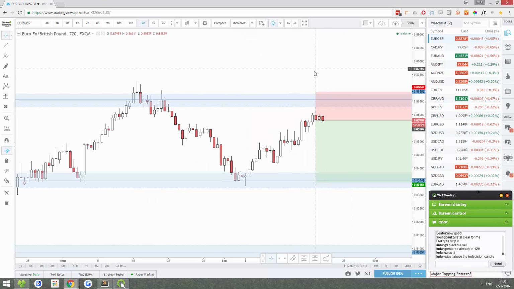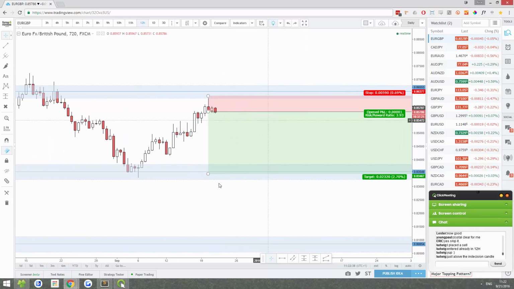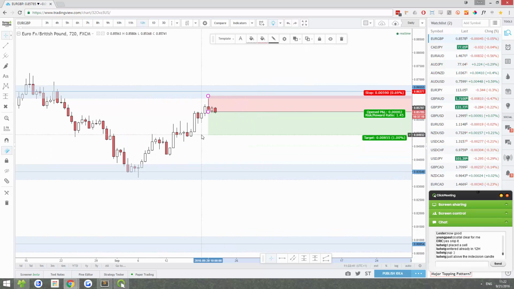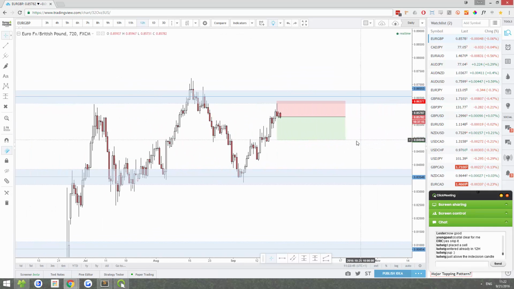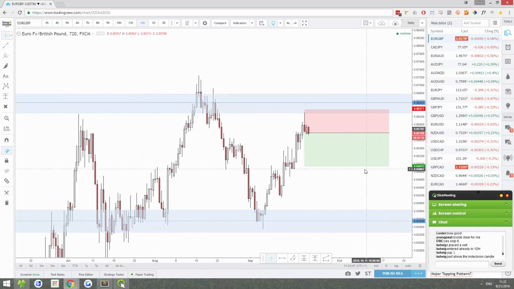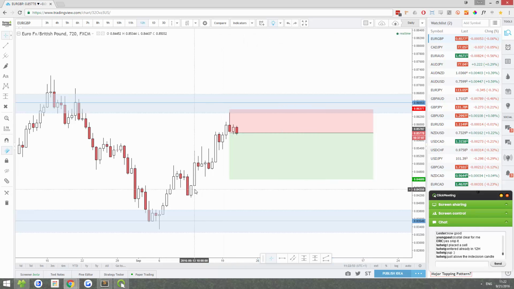You've placed a short trade here with a stop loss there and a target wherever. It doesn't really matter. Well, it does matter, but it doesn't matter for what I'm about to say. Don't you think that maybe that stop loss is a bit tight?